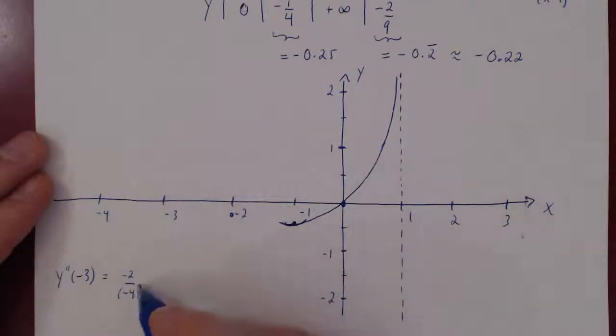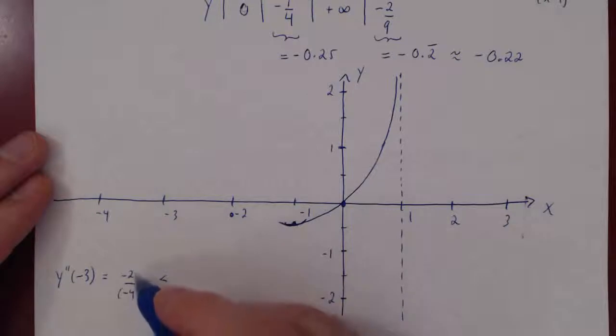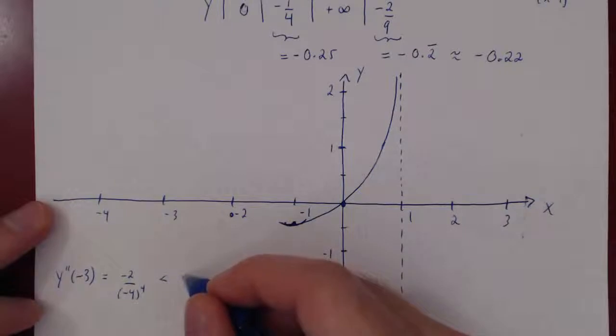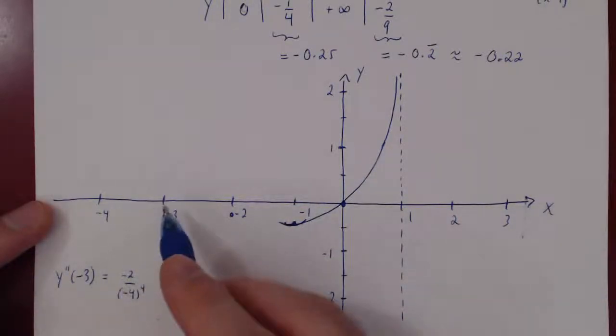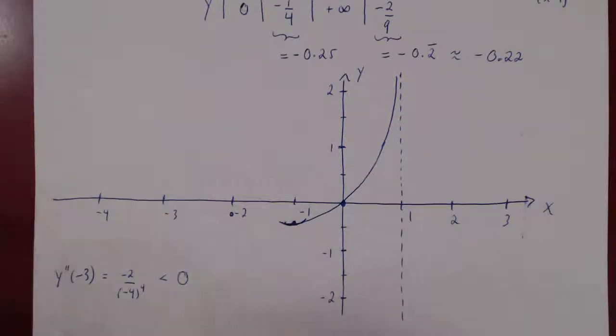But because 4 is even, -4 to the 4 is positive, and this is negative. And again, don't bother finding the value of this and simplifying. All we care is the sign of the second derivative. Will we have concave up or concave down? Because the second derivative is negative at -3, the curve will be concave down around -3.